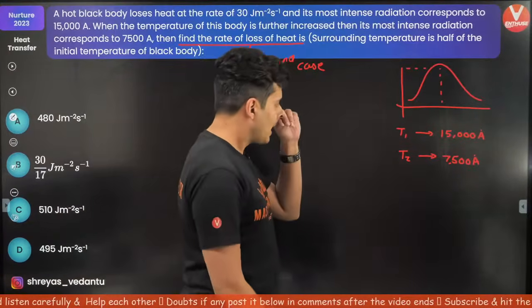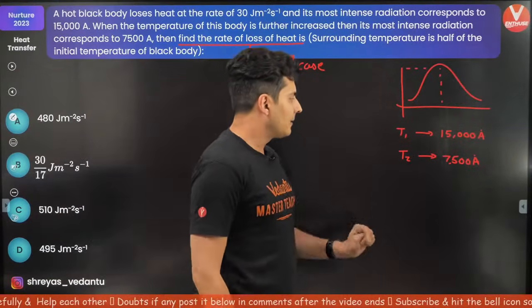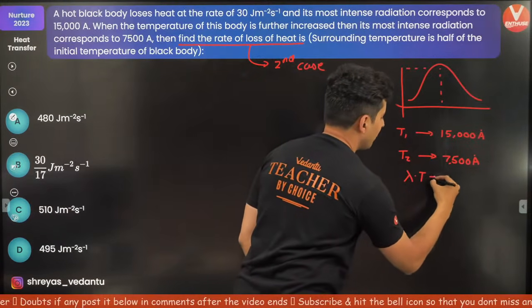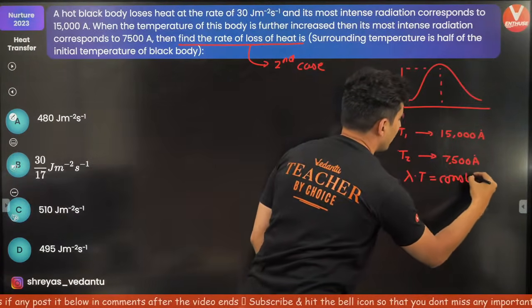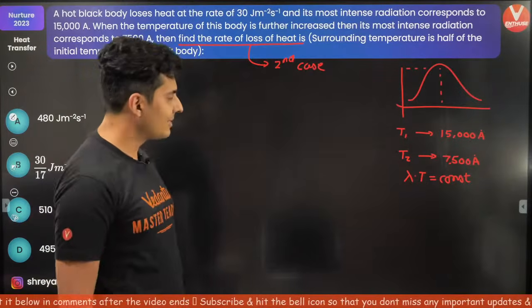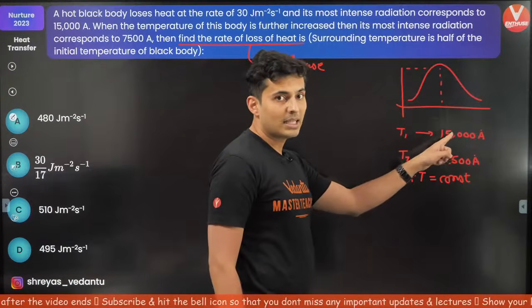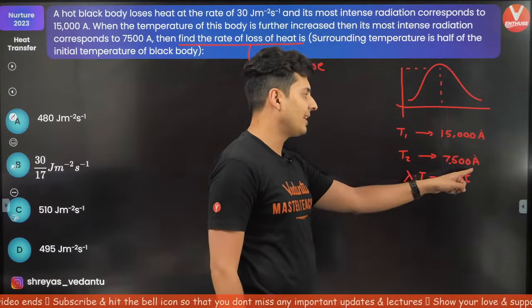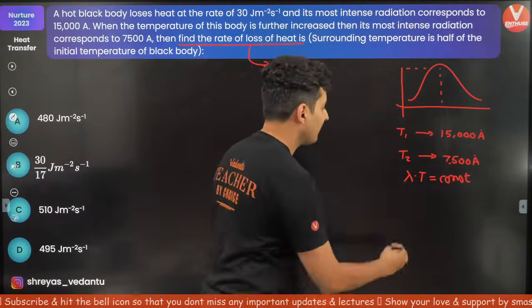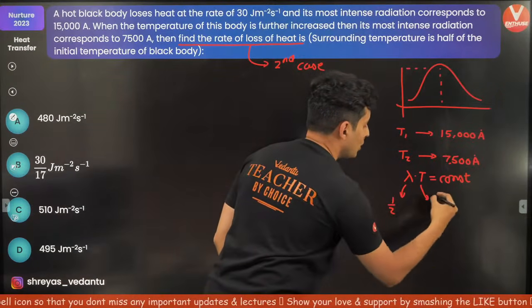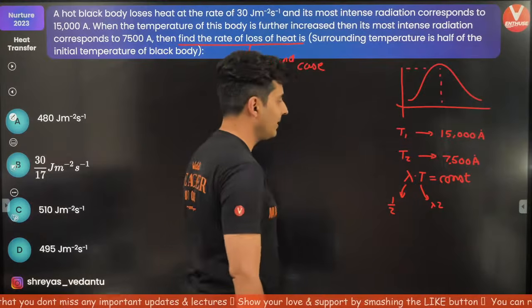Fair enough. Now one thing is clear. By Wien's displacement law, lambda into temperature is a constant. From here you can see initially lambda was 15,000, then it became 7,500. It has become half. So if lambda becomes half, temperature should become twice, right?